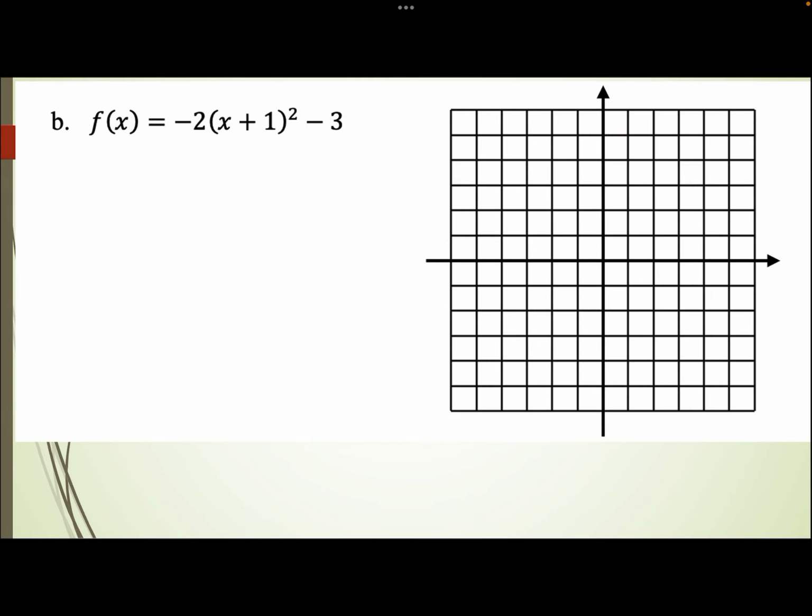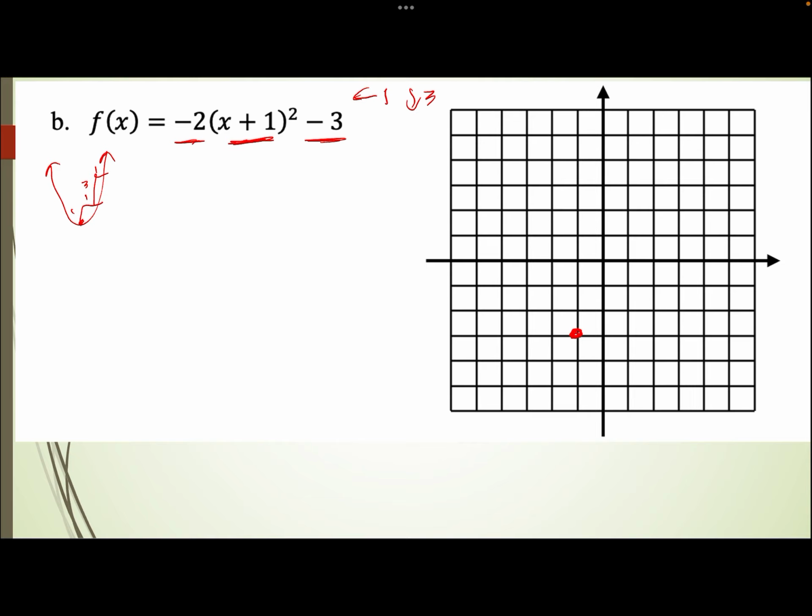This one is a parabola. Remember, the parabola looks like this. The pattern for that was 1, 1, and 2, 4. But again, if you don't remember the pattern, you can just use a table. So now my translations are 1 to the left, because remember this lies, and 3 down. So it's negative 1 and negative 3 is where I start.